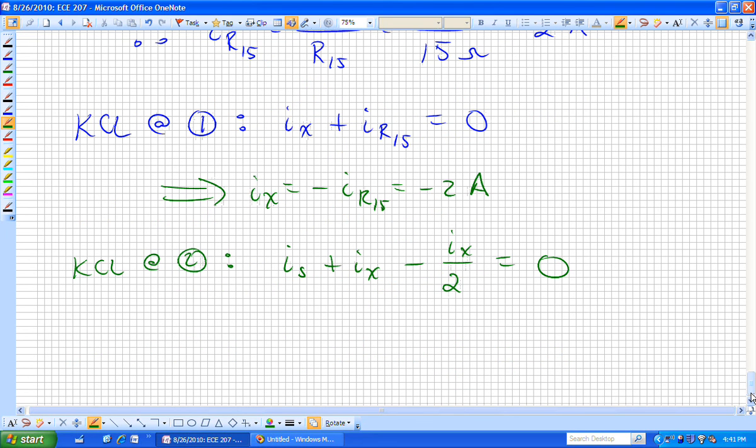And I just found I sub X, which is going to allow me to solve for I sub S. I sub S, if I put the two I sub X terms on the other side, I have a minus I sub X over 2. I sub X was minus 2, so I sub S is 1 amp.